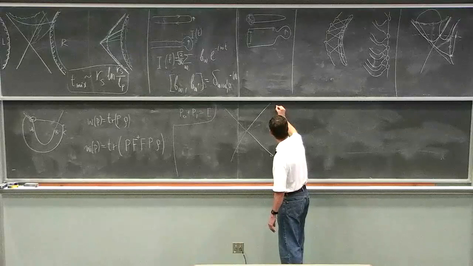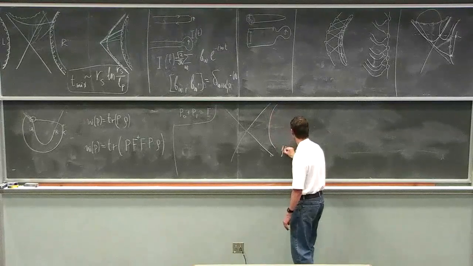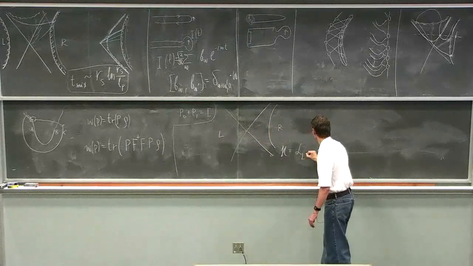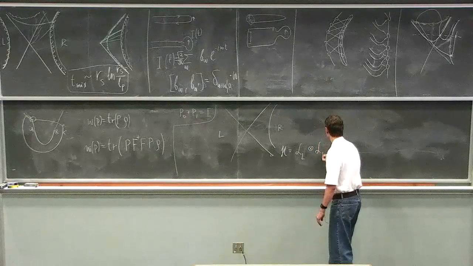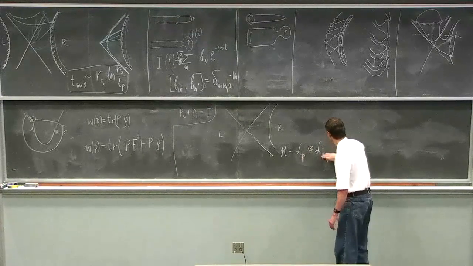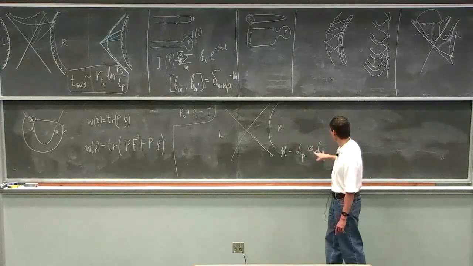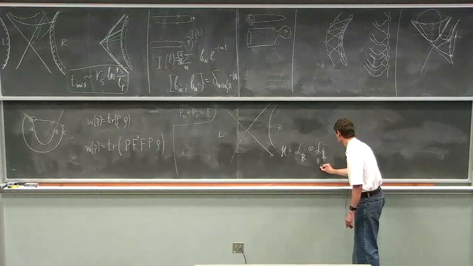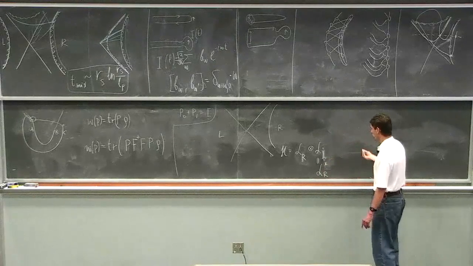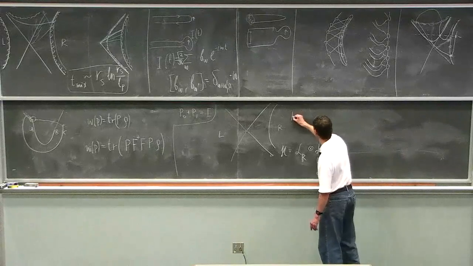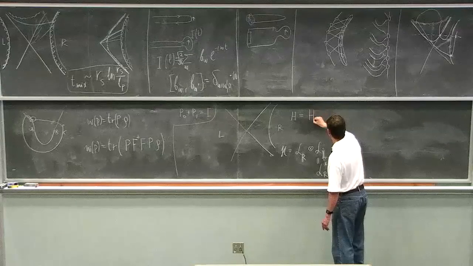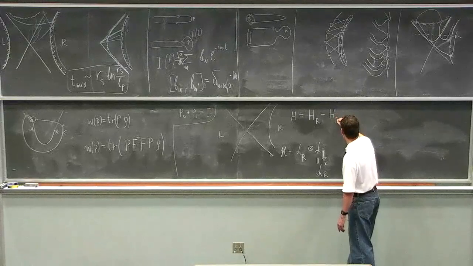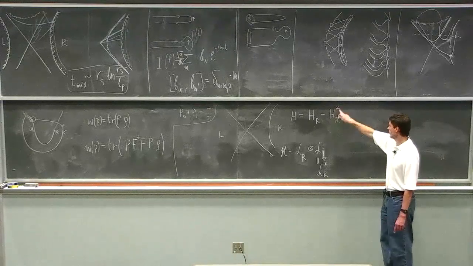So the Hilbert space here, H, is L sub L tensor L sub R. The individual Hilbert spaces for the right wedge and for the left wedge, and the left wedge will be equal to L sub R dual, and the Hamiltonian is HR minus HR star, and of course HR star is the same as HR transposed.